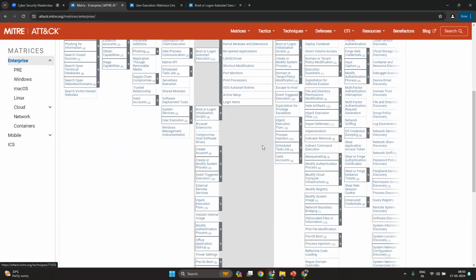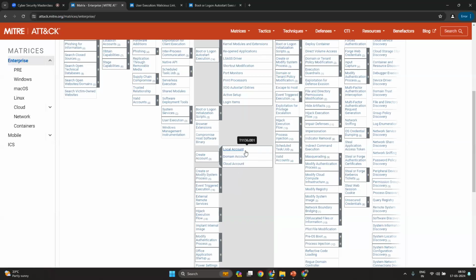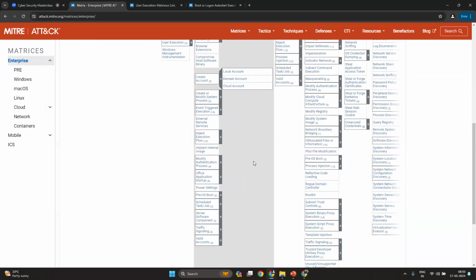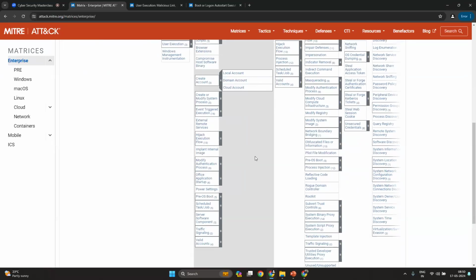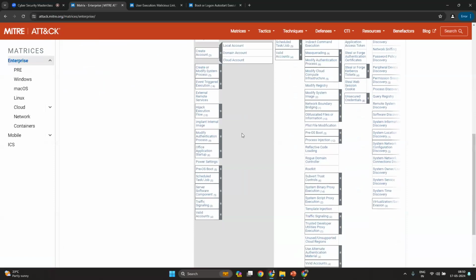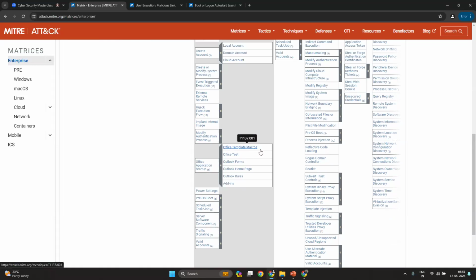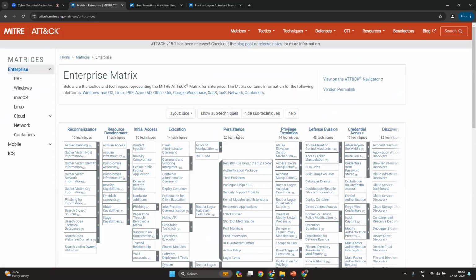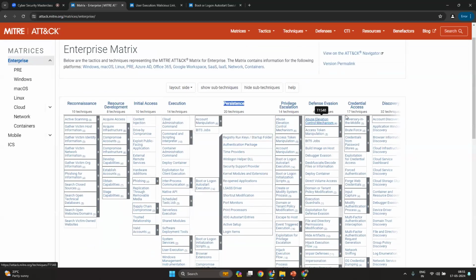These are the three things which have been pointed out, so you give them certain examples. Next would be an office startup in the form of macros or forms. So go through persistence.